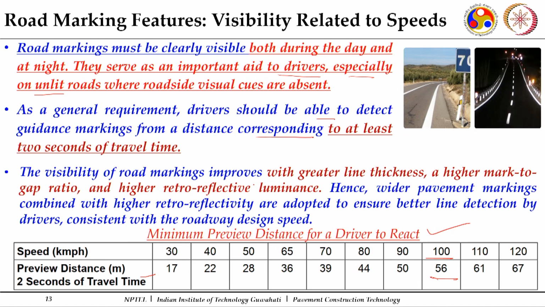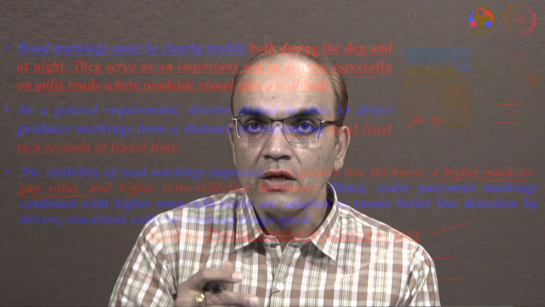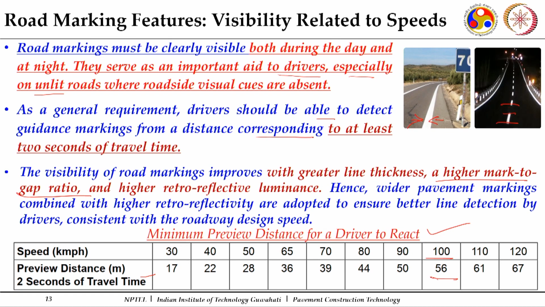The visibility of road markings improves with greater line thickness. Whatever width you are providing, if that is greater, visibility increases. A higher mark-to-gap ratio also helps; this is the length which is marked and this is the gap. If I go for a higher mark-to-gap ratio, then again I increase the visibility. The third is higher retro-reflective luminance.